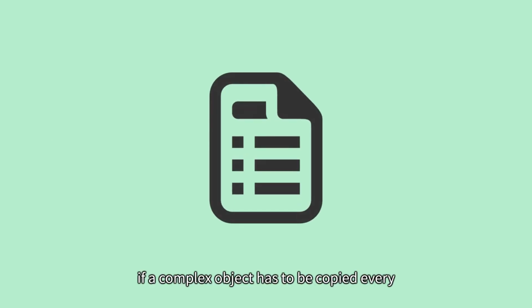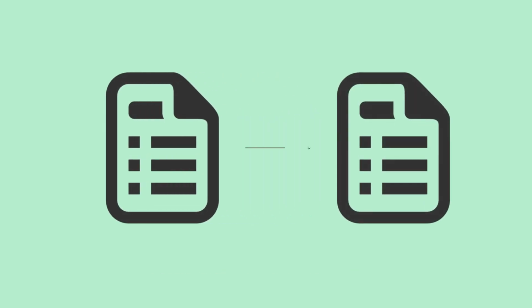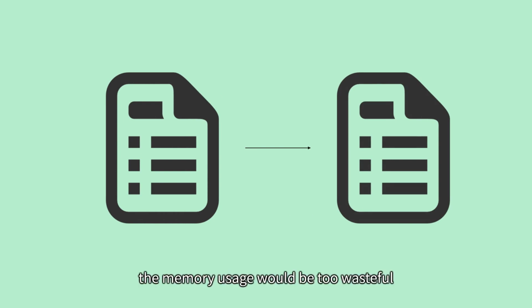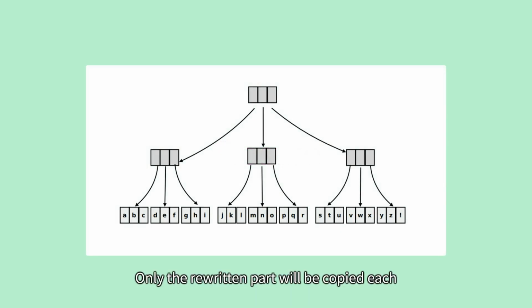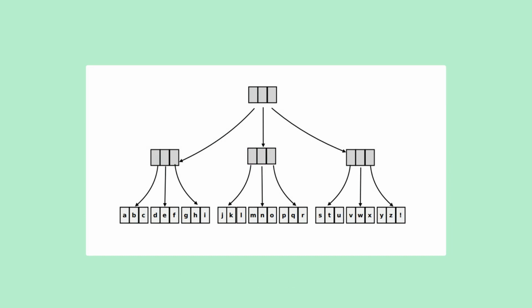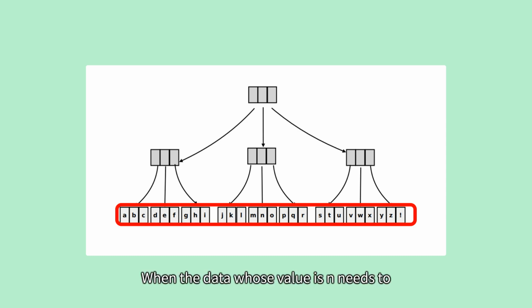However, if a complex object has to be copied every time it is modified and then rewritten, the memory usage would be too wasteful. In Clojure, a functional language, there is such a structure inside. Only the rewritten part will be copied each time, and the others will be shared. For example, the original data is the bottom row.